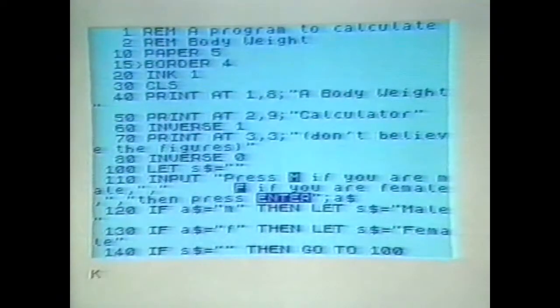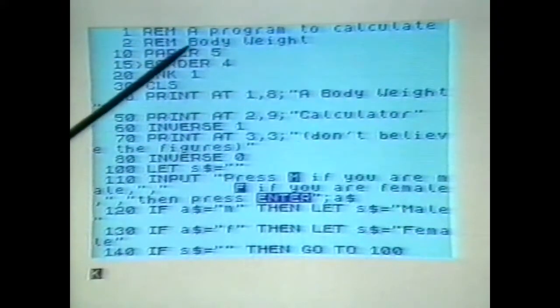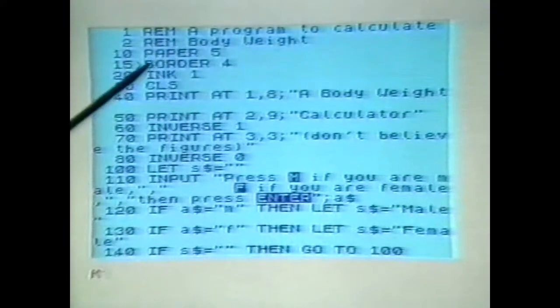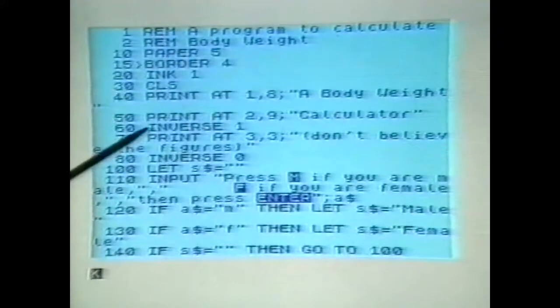Now if we look at the text we can see on the screen, then the numbers we can type simply by using the number keys. These small letters we can type by using the letter keys. And some of these words that are in capital letters we can get with a single press of a key. But some of them, PAPER, INK, INVERSE, aren't printed in white on the key.